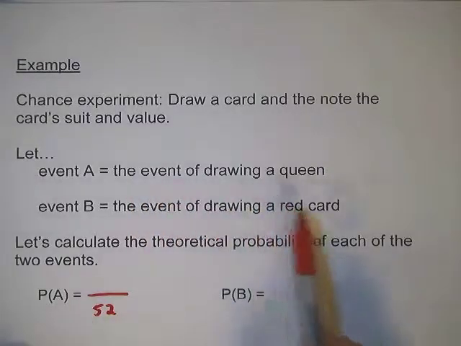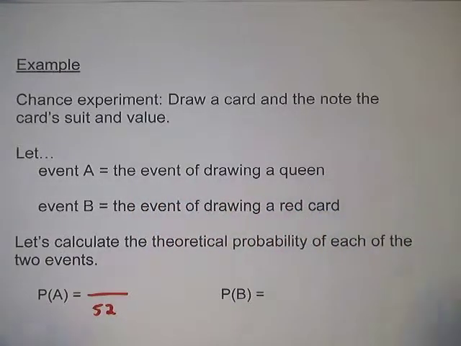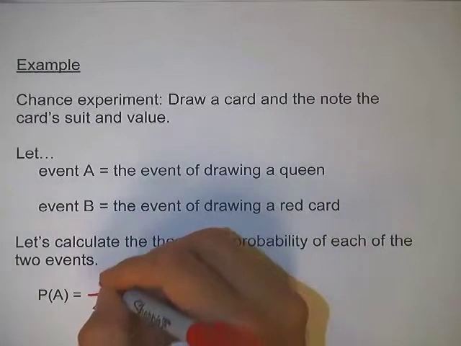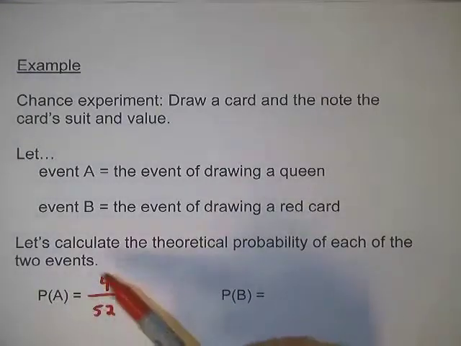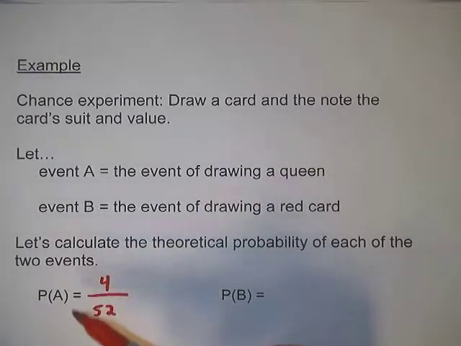Now for the event of drawing a queen, there are 4 queens in every deck, one for each suit. So this ends up being 4 out of 52. That's one way to notate probability, as a fraction like this. Generally, you don't want to reduce a probability fraction. It's more meaningful to leave it this way.